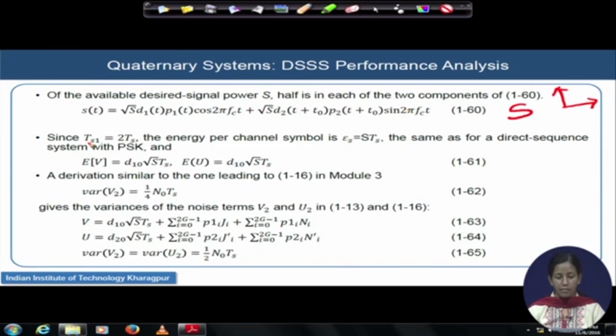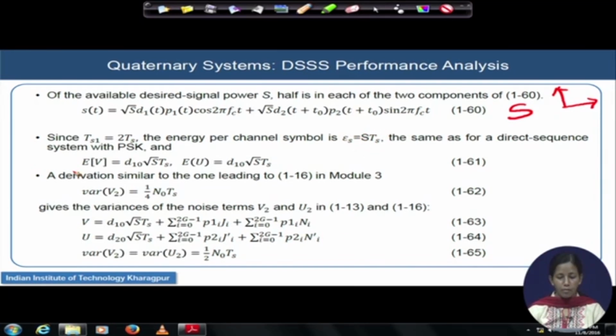And we understand that Ts1 is the total channel symbol period, which is equal to twice the symbol period, and we also understand that the energy per channel symbol will be given by capital S into Ts, because each of them is getting S by 2, and hence for the channel symbol you will be getting S into Ts.